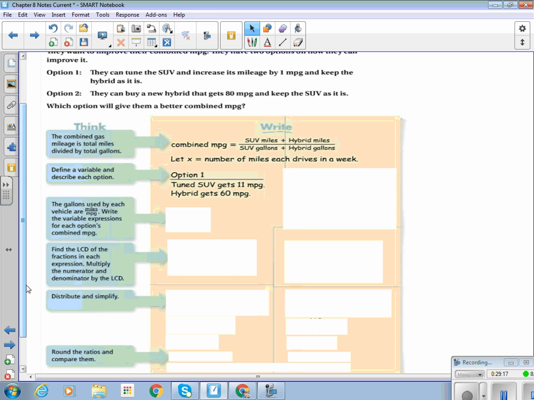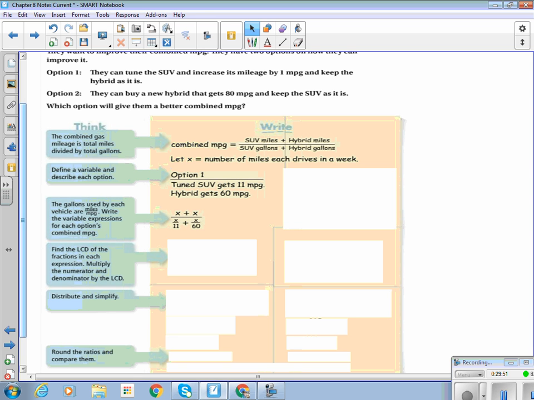I just want to get gallons, so I take the number of miles divided by miles per gallon. He goes x, she goes x, so x over 11 plus x over 60, the SUV plus the hybrid.